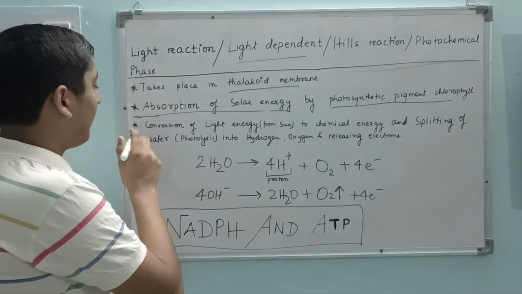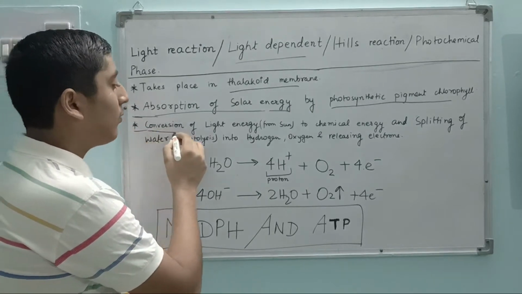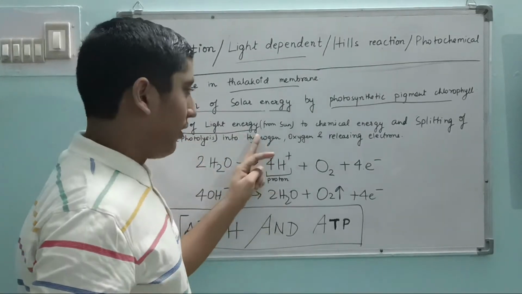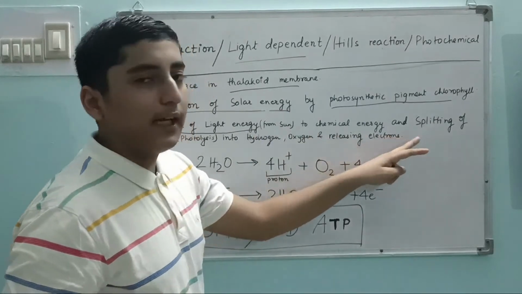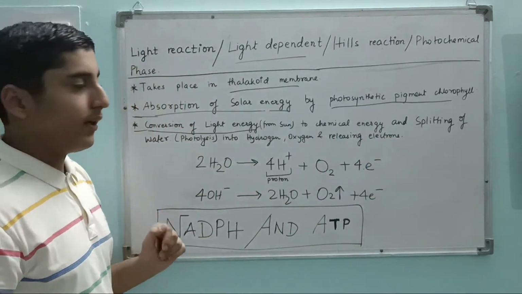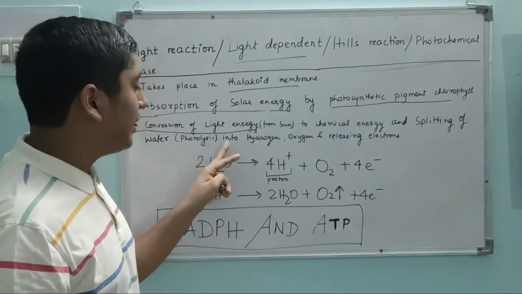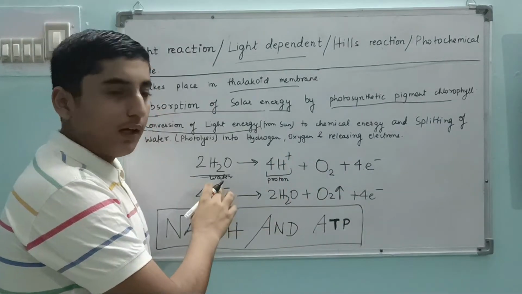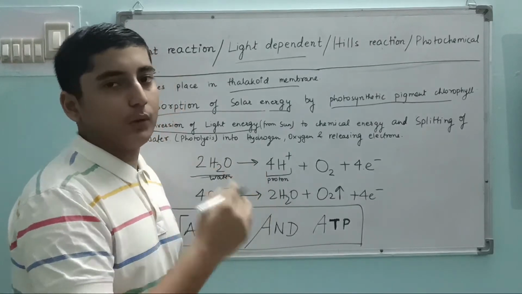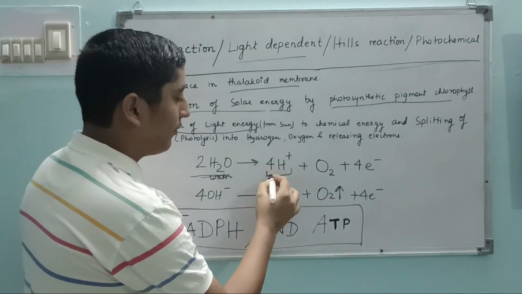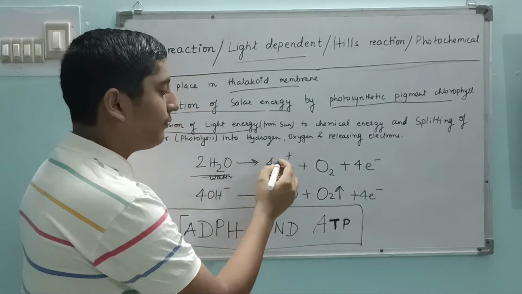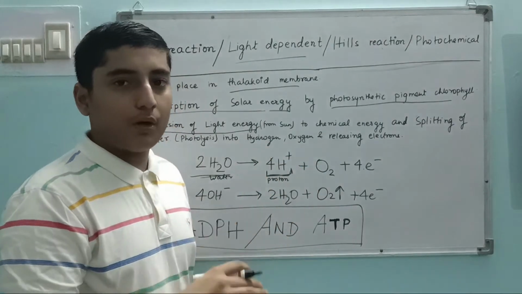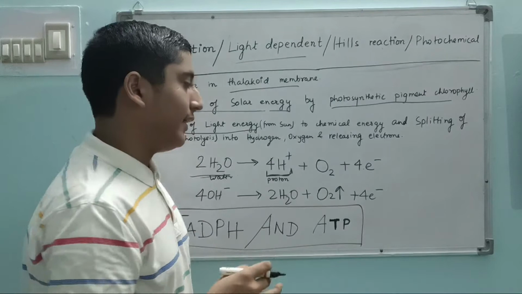And what is the third point? The third point is conversion of light energy from the sun to chemical energy and splitting of water by the process of photolysis into hydrogen, oxygen, and releasing electrons. The water gets split by the solar energy into 4H+. You can write proton as H+, hydrogen ions.